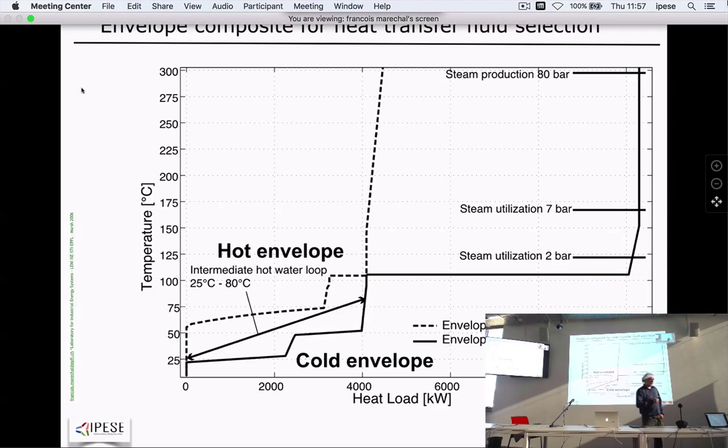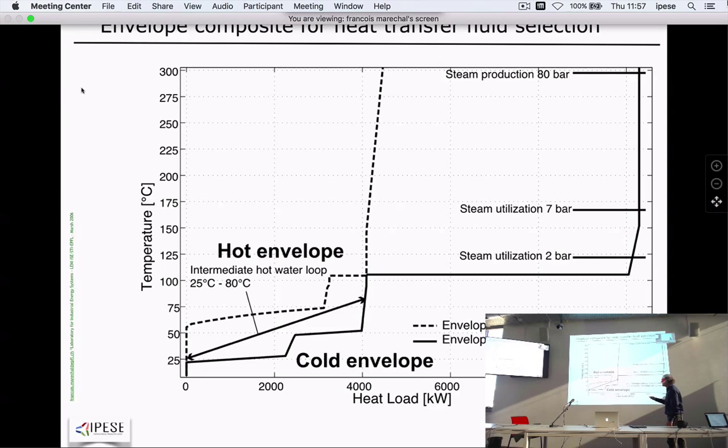So the summary is the following. I'm using the mathematical programming formulation to calculate the conditions that have to be satisfied by the intermediate fluids, so that I will be able to define the intermediate fluids.